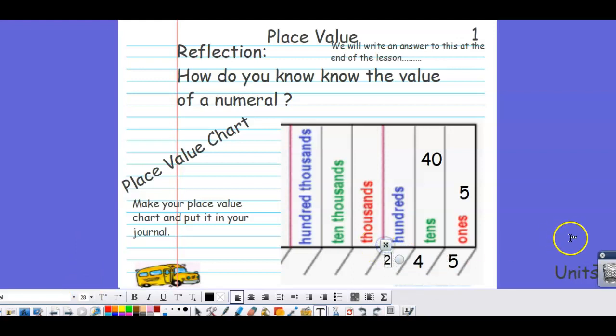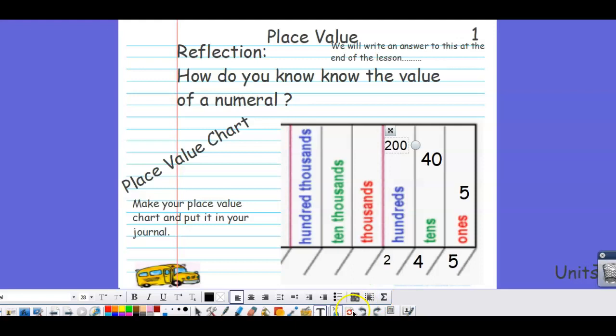And that 2 is a smaller digit than the 4 and the 5, but when we put in a number, we have place value, and the place value actually means this number is 200. 2 groups of 100. So I have 2 groups of 100, 4 groups of 10, and 5 groups of 1.